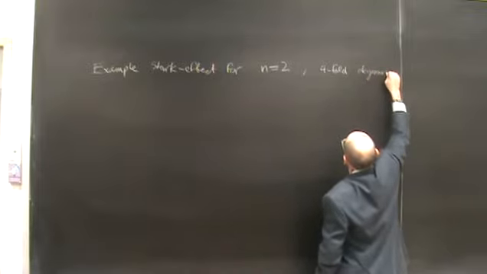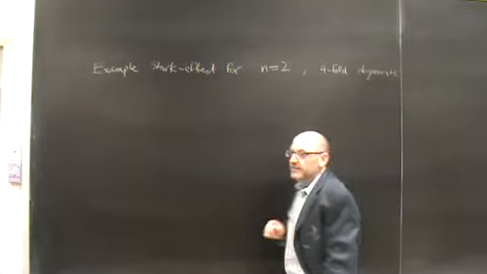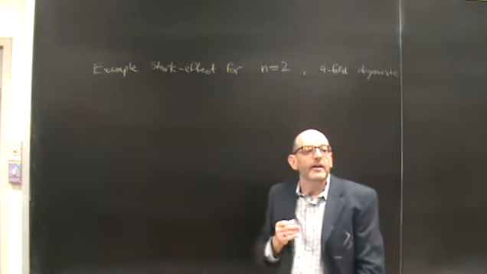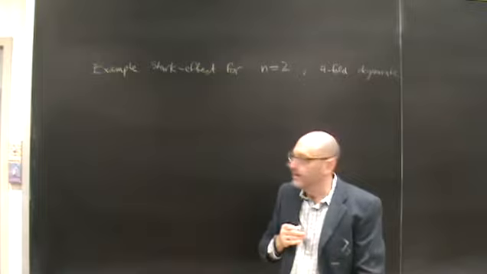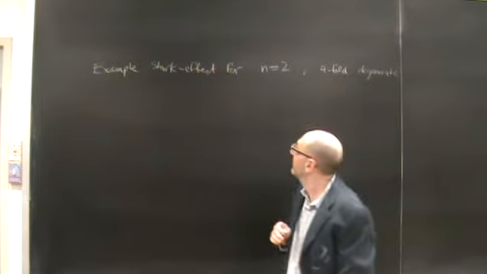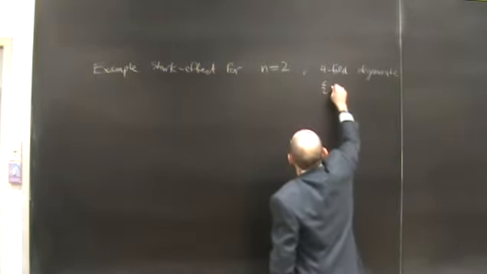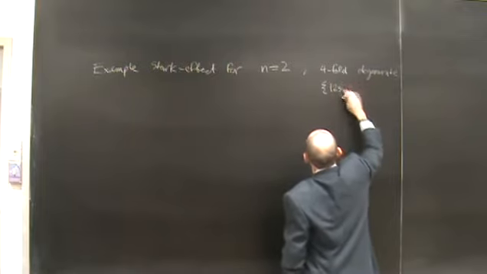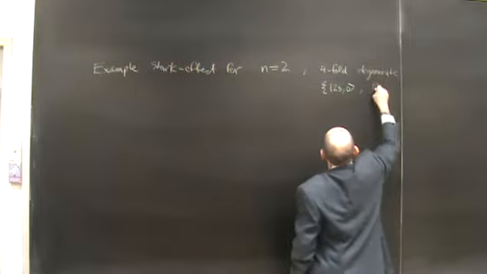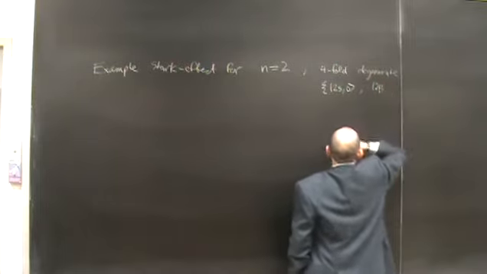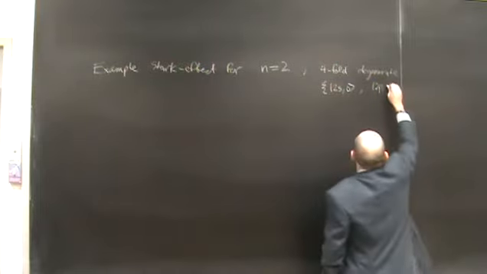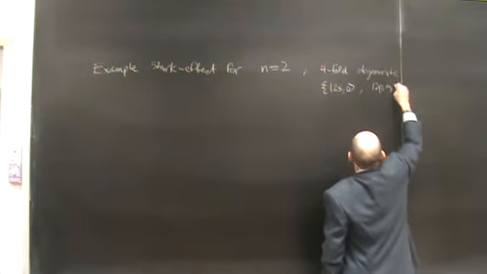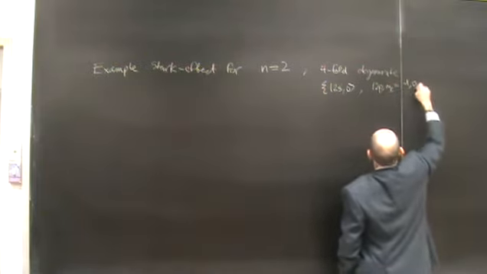So in principle, we have to diagonalize a 4x4 matrix in order to get the first order correction to the energy. There are those four states. We have the 2s state, which only has m equals 0, and then we have the 2p with ml equals -1, 0, and +1.